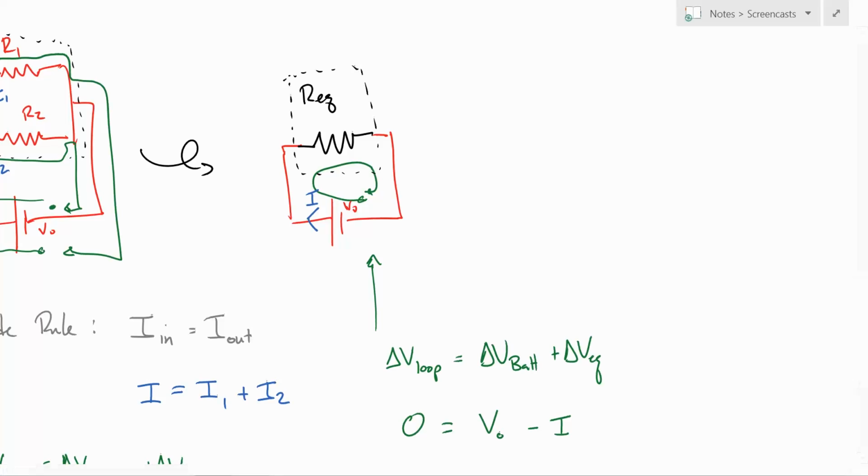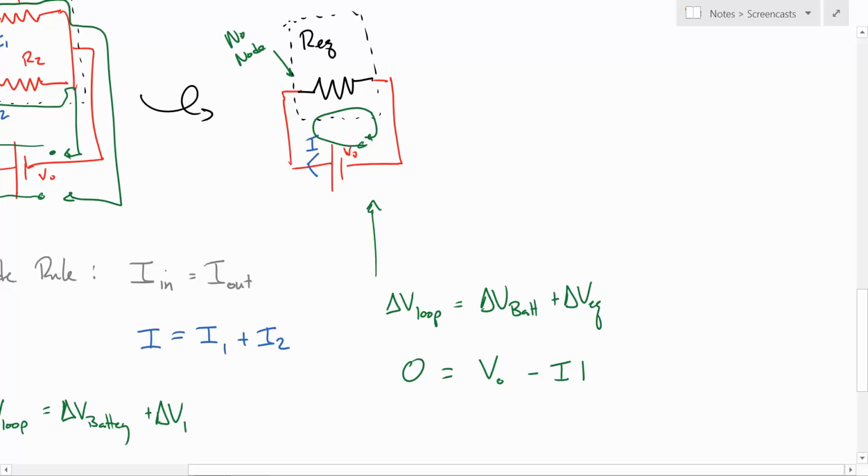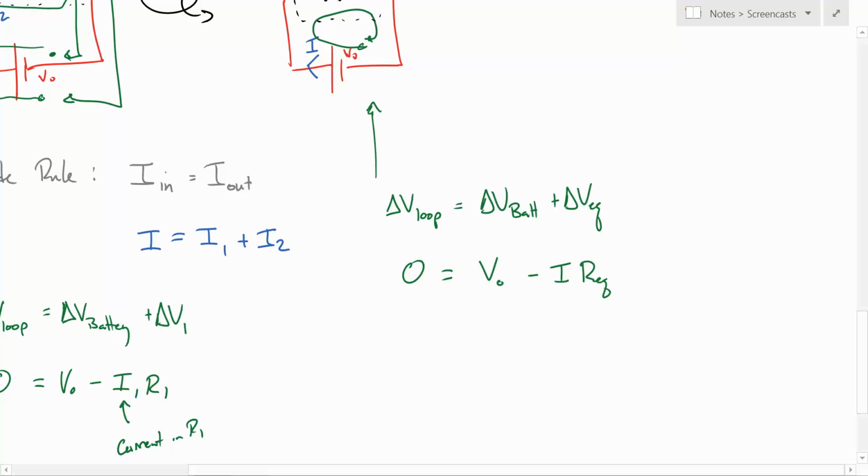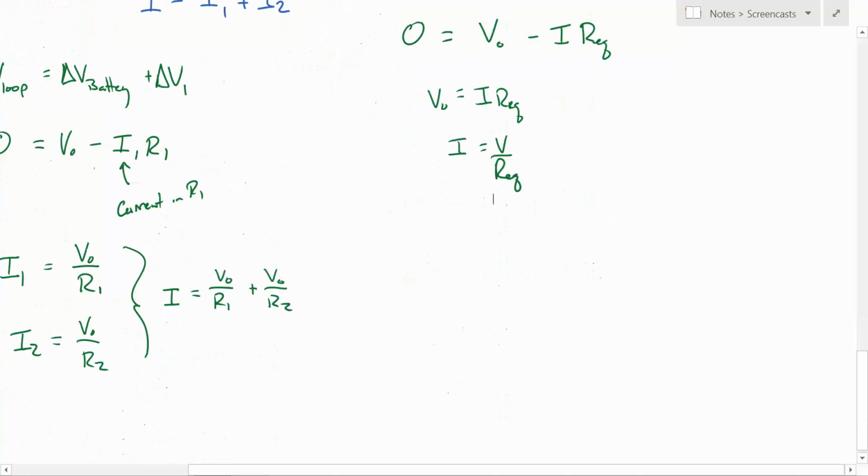And so now the one trick here is that, because there's no node, there's no I1 or I2 in this, it's just I. So this time it's I, which means that V0 is equal to I R equivalent, and I is equal to V0 over R equivalent.